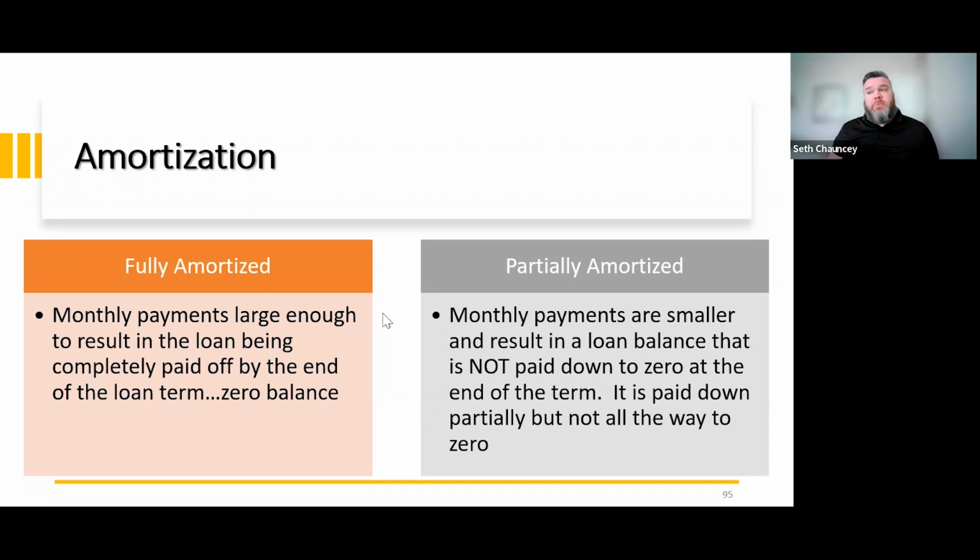So I'll tell you what's about to come up on the slides, but let me explain this. A lot of times commercial developers will do what's called interest only loans, where they'll make monthly payments because the bank's going to require them to, but they're not going to be paying down the principal balance. So they borrowed $2 million. They're going to be paying just enough to cover the interest each month.